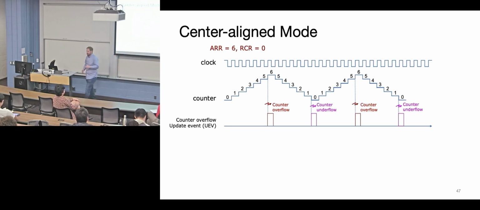Yeah? Do these modes apply to everything that you're trying to count, or just that specific peripheral? There are multiple timers on your device, and each one of them will have this or a variation of these capabilities. We'll talk about how timers have multiple outputs too.